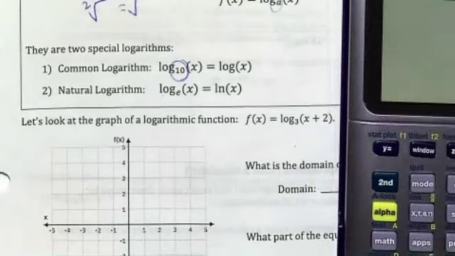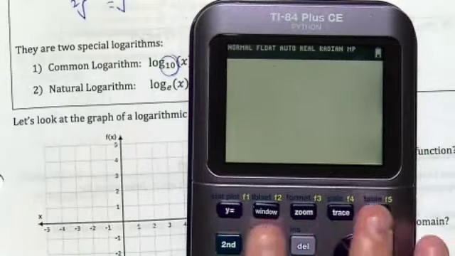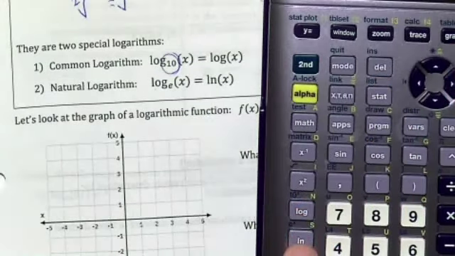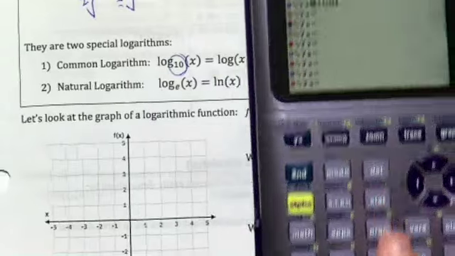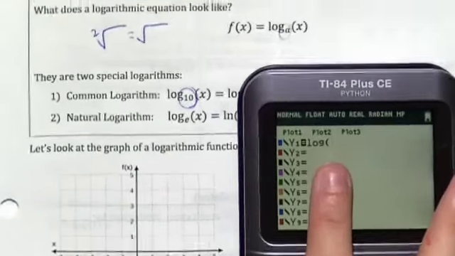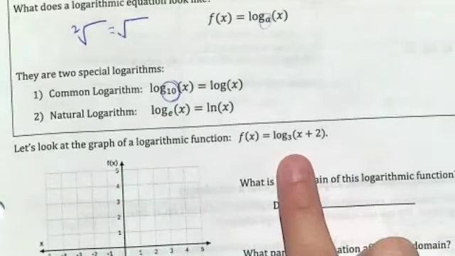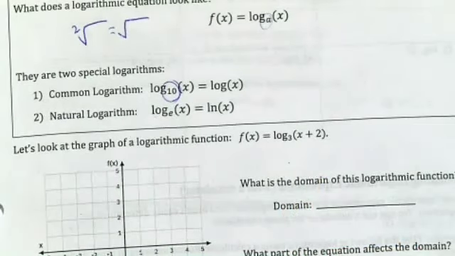When I say let's graph this, and I go to y equals and go to log, there's only a few log options. There's log and ln, which is fine, but those are base 10 or base e, and this example gives me log base 3, so I'm a little stuck.